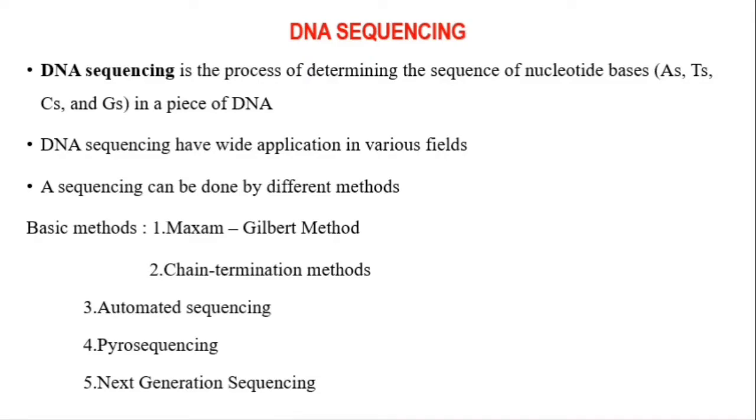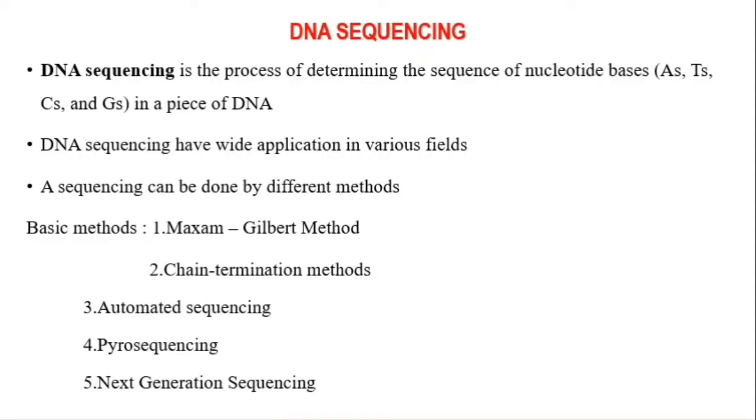DNA sequencing can be done by different methods. The basic methods are the Maxam-Gilbert method and the chain termination method. Some other methods are the modern ones: automated sequencing, pyrosequencing, and NGS, next generation sequencing.